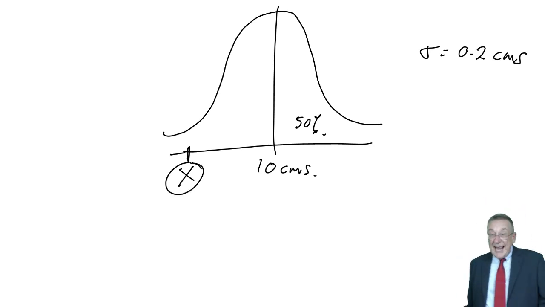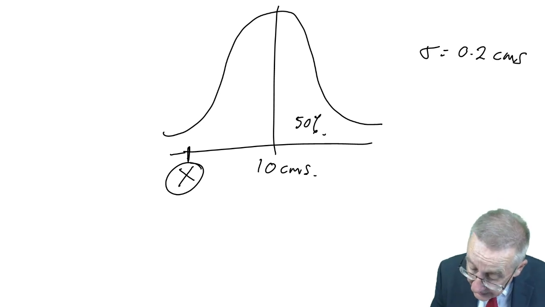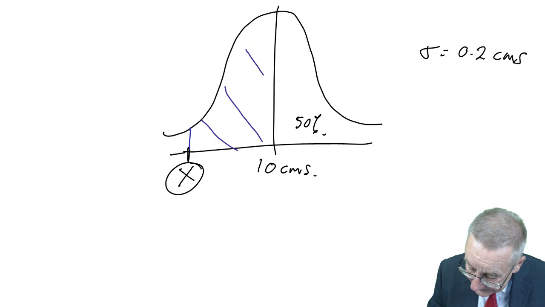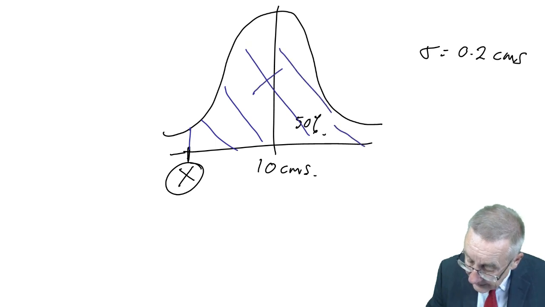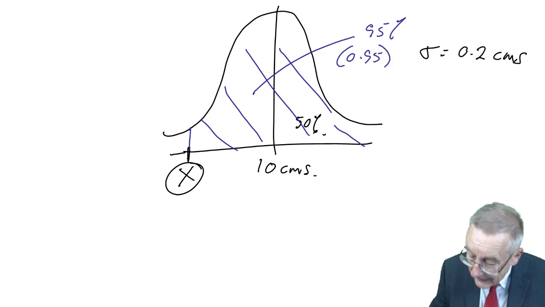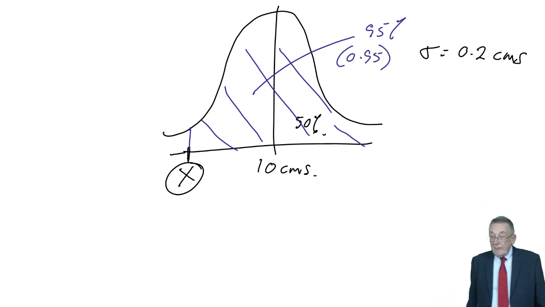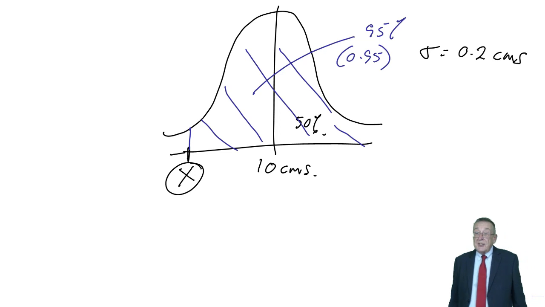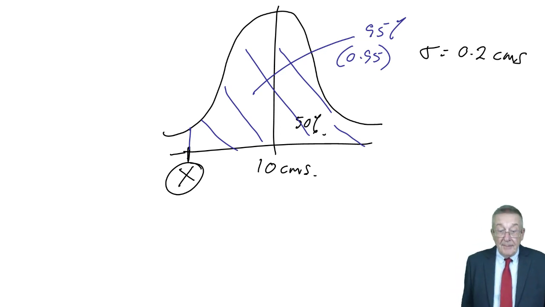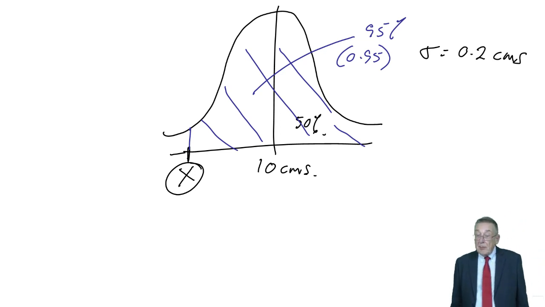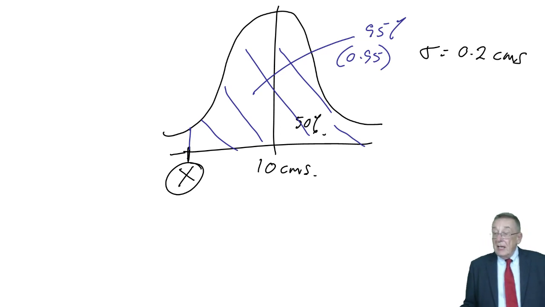I want to know what X is, so that the area, the proportion, is 95% or 0.95. Because if that shaded area is 0.95 of the total area, then there's a 95% probability that the length is more than X.